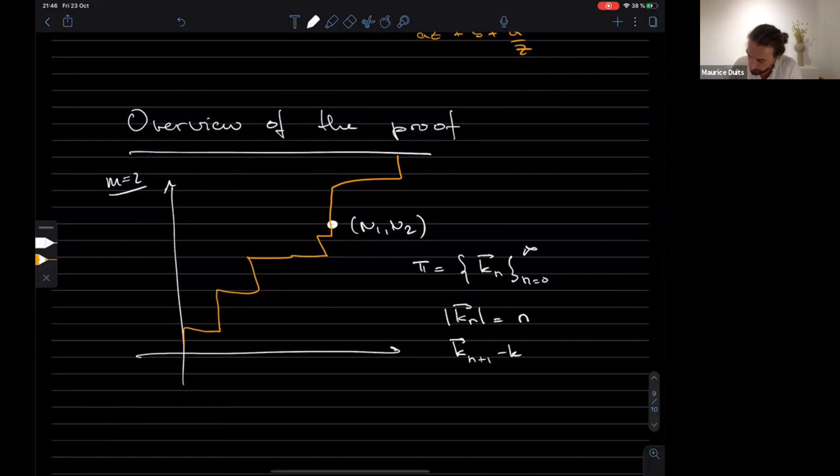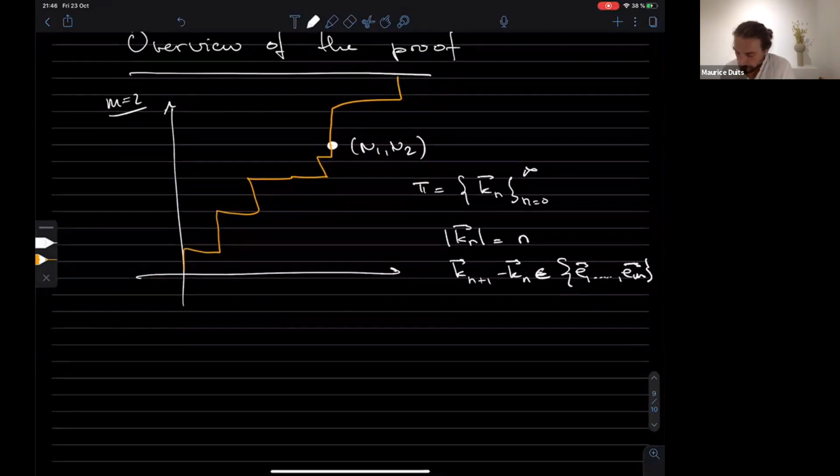So k minus k, not here, is an element in, well, let's do it general, in one of those canonical base vectors. So you go either up or you go to the right, or the other direction if you go in higher dimensions, okay? And you also want this to go to the special point that you have, okay?